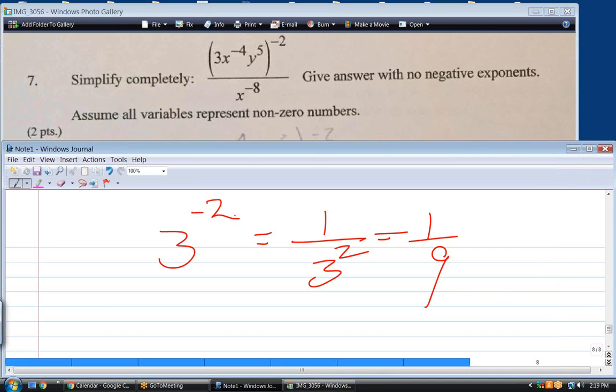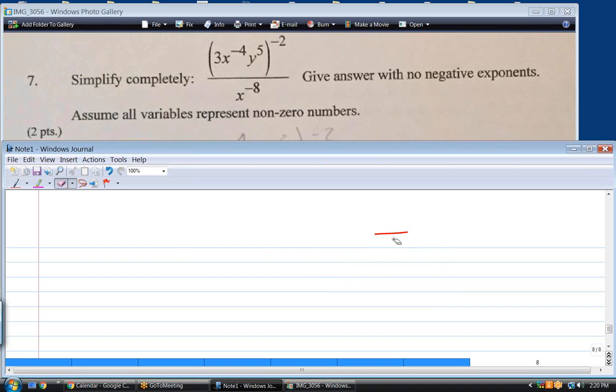Okay. Because it needs to go to the denominator because of that negative exponent, in the same way that y to the minus 10 turns into y to the 10th in the denominator.